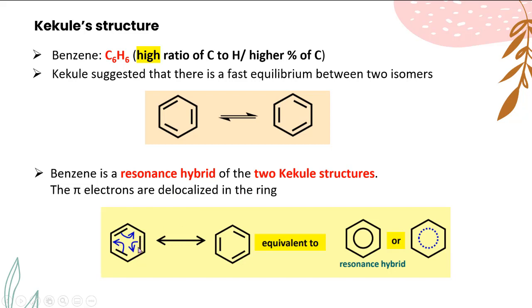The arrows written here show the delocalization of the electrons. Delocalization means the pi electrons are free to move within these 6 carbon atoms. So it doesn't matter whether you put the double bonds over here or over here, as long as they are completely conjugated. All of these 3 resonance structures or the resonance hybrid we can use to represent the structure of benzene. So that's all for our introduction 6.1.